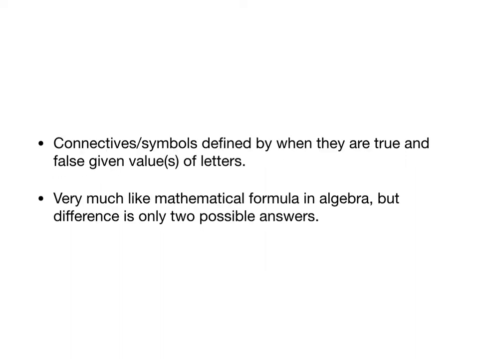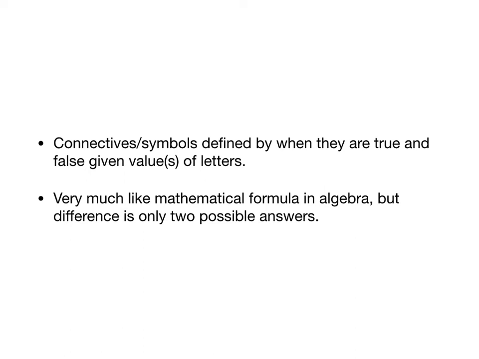Now, the connectives, the little symbols we've been looking at, which are sometimes called connectives, are partially defined by their ordinary English meanings, right? But if you want to be precise about this, and logic is always very interested in being precise, the real definition of these symbols is their truth values, when they are true or false.